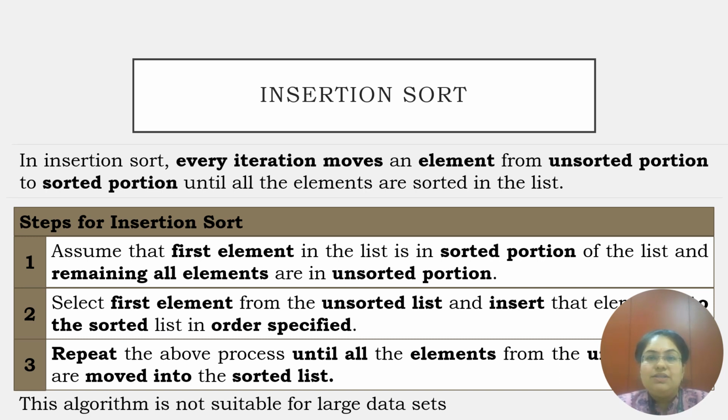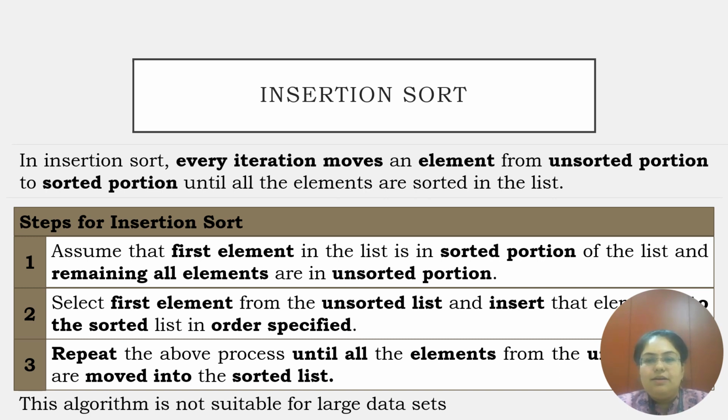In the second step, we take the very first element from the unsorted list and insert it into the sorted array, organizing it in the specific order. Now let's repeat this process until each and every element from the unsorted list moves into the sorted list.